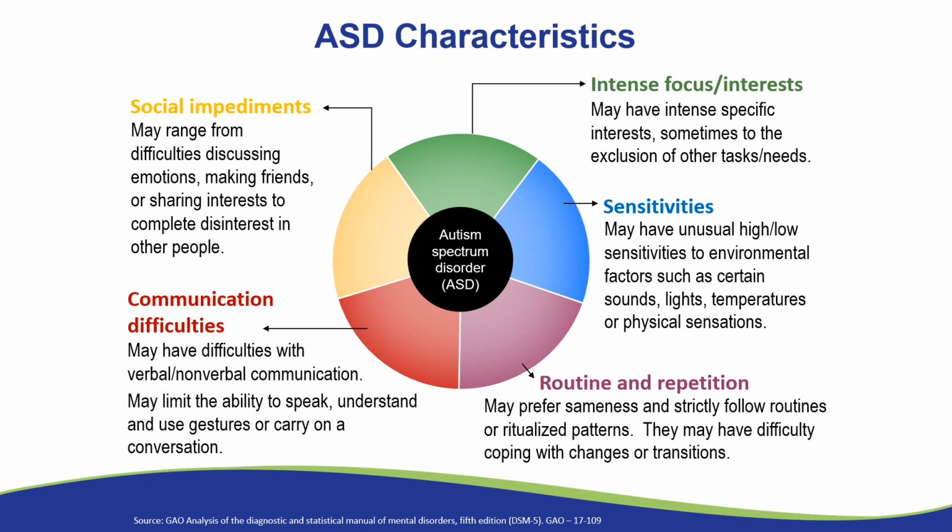The other side of the picture is where you're going to see the person developing as they grow up. You're going to see these things coming into play a little more when they can communicate more. So we see intense focus, the ability to really hone in on something very small in detail or a specific topic.